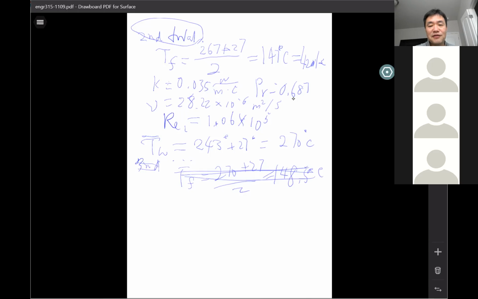But if it's 420 versus 421, I don't think you even need to interpolate. Just use the 420 value. Does that make sense, everybody? Kind of.